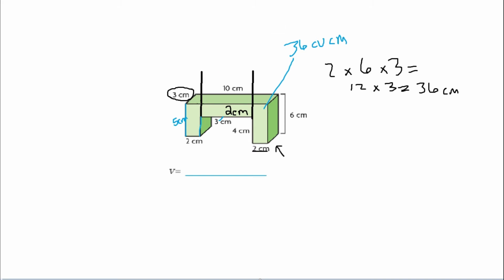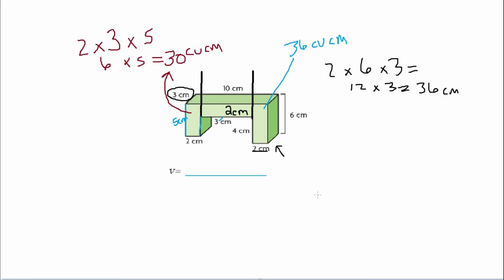Okay, so now we have our width, which is 3 centimeters. We have our length, which is 2. And we have our height, which is 5. So 6 times 5 is 30. Okay, so this right here is 30 cubic centimeters.